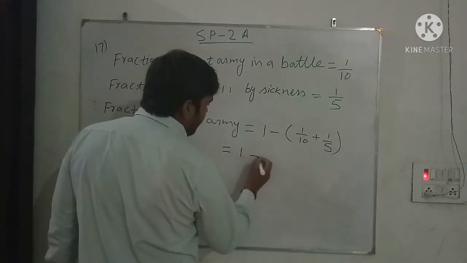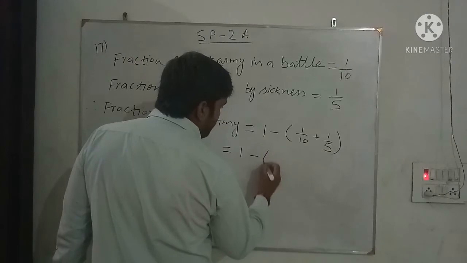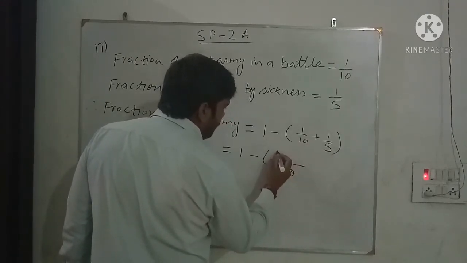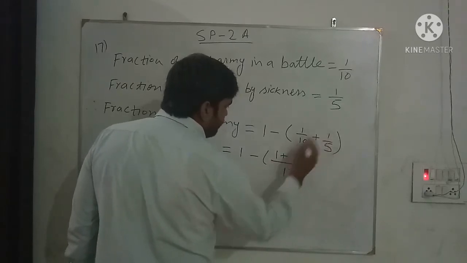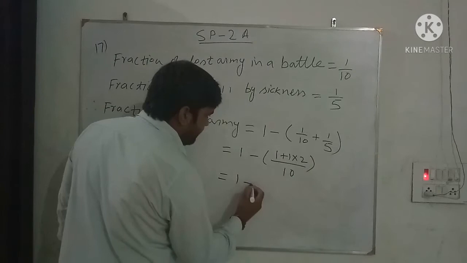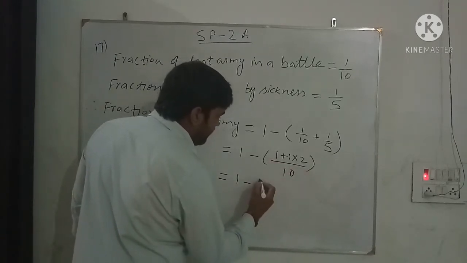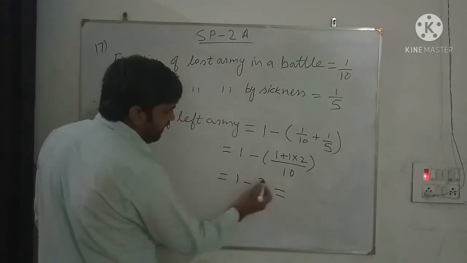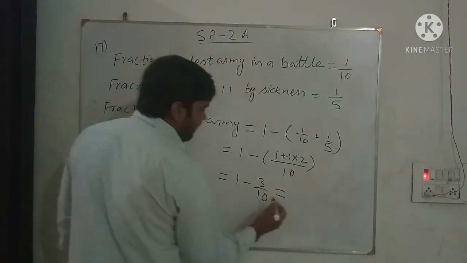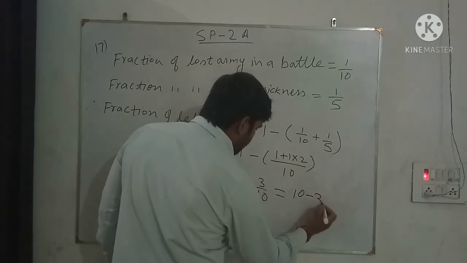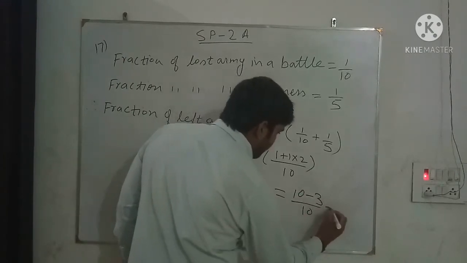Now see, 1 minus, if you take the LCM here, so what you get? LCM of 10 and 5 will be 10. So 10 1s are 10, and 5 2s are 10. So 1 multiply 2. So what you get answer? 1 plus 2 is 3 by 10. Now here what we do? 10 1s are 10 minus 3 by 10, that is 7 by 10.